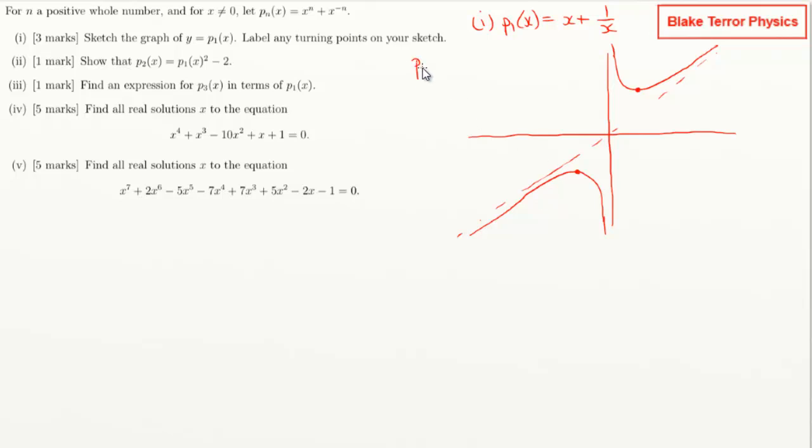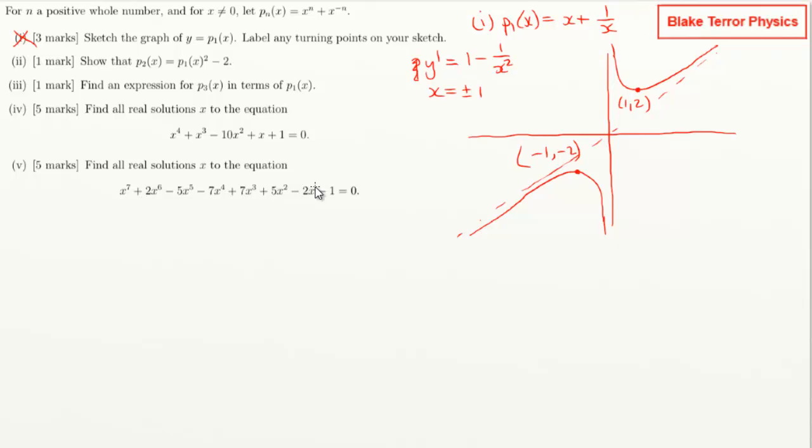So y dash, as we're drawing y equals p1 of x, is 1 minus 1 over x squared. So we're going to get turning points at x is plus or minus 1, which gives y is plus or minus 2. So that is at 1, 2, and that is at minus 1, minus 2. So fairly straightforward sketch as sketches go.